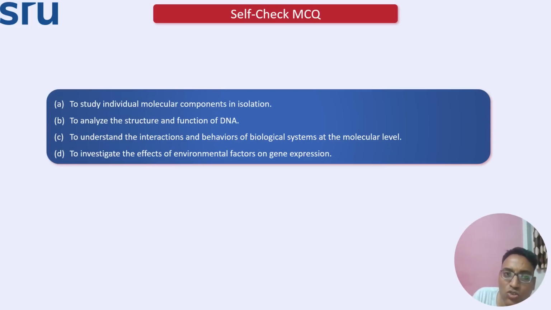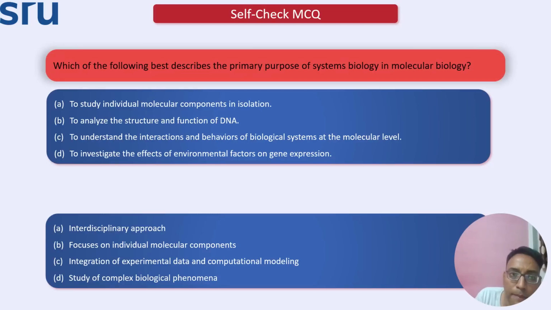So now answer these questions if you understood so much. Which of the following best describes the primary purpose of systems biology in molecular biology? To study individual molecular components in isolation. Isolation we are not at all discussing. We are considering all of the molecules together and how their complete network or the complete system will be working out.